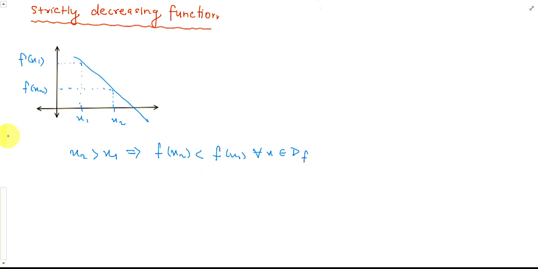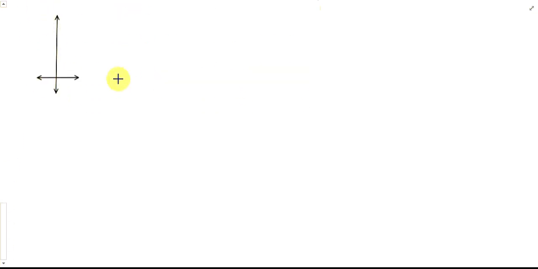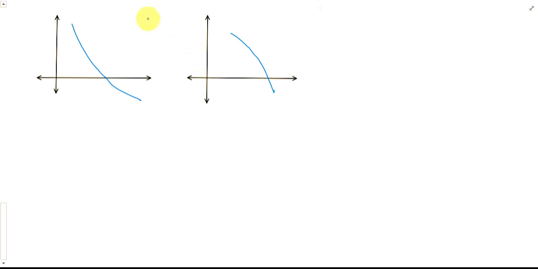Now let's see different types of decreasing function. This is a strictly decreasing function. This is again a strictly decreasing function. This is also a strictly decreasing function.